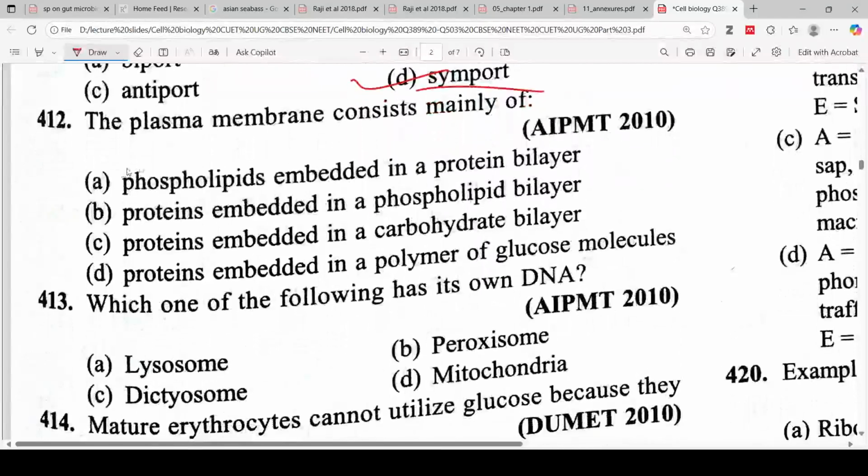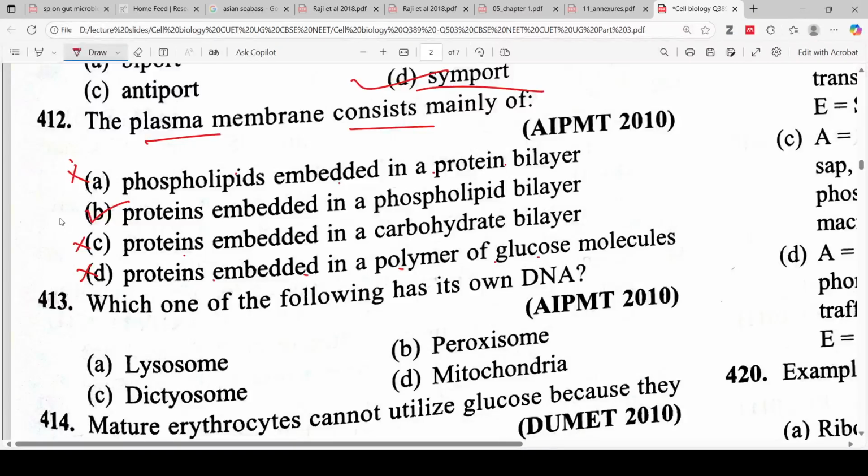Next question: the plasma membrane consists mainly of phospholipid embedded in protein bilayer. This option is not correct. Protein embedded in the phospholipid, this option is correct. Protein embedded in a carbohydrate bilayer, this option is not correct. Protein embedded in a polymer of glucose molecule, this option is not correct.